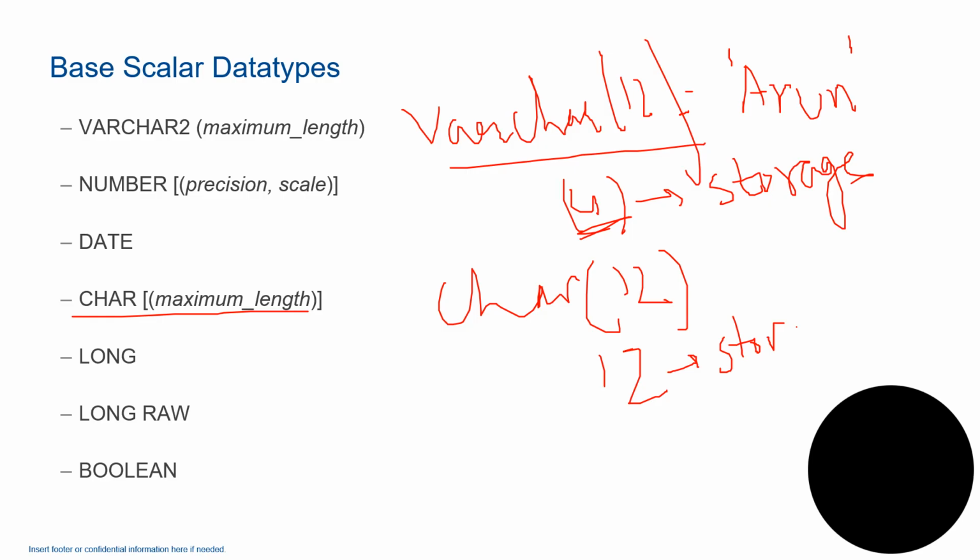Now NUMBER. For number we have fixed point and floating point numbers with absolute range. We can give a range like precision and scale. It can also represent 0. Then DATE, which is for giving any particular date. LONG is a variable length character string with maximum size of 32,760 bytes.